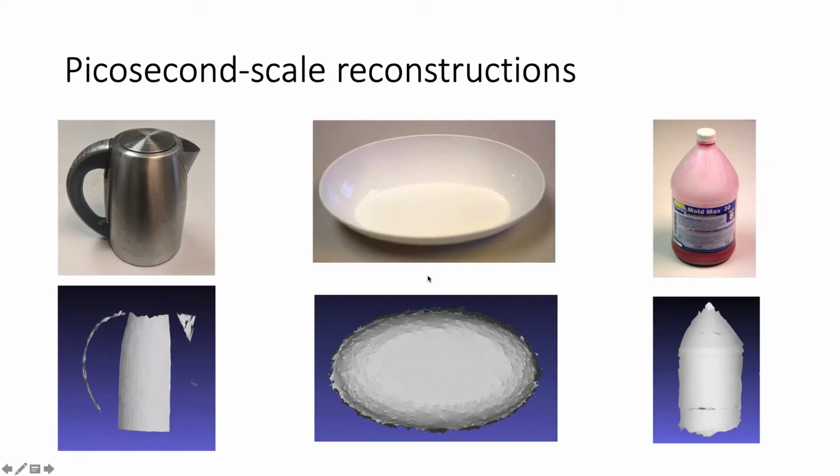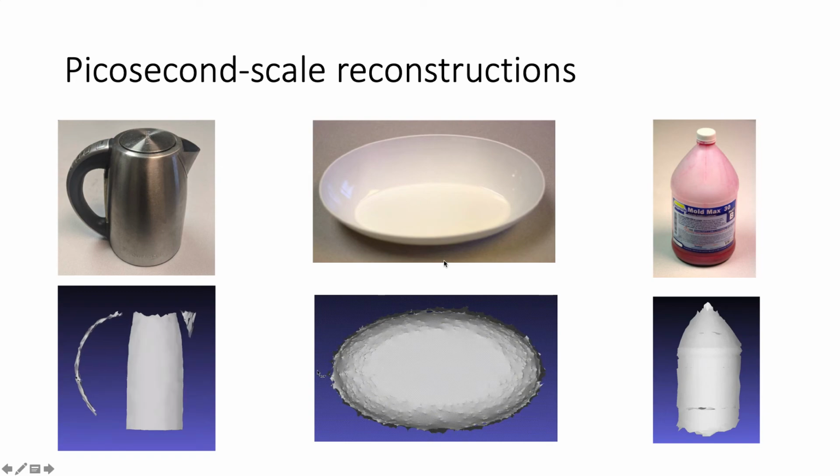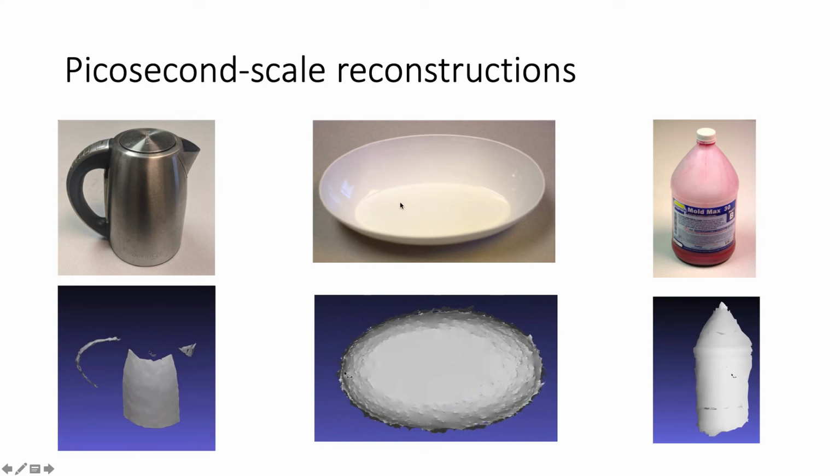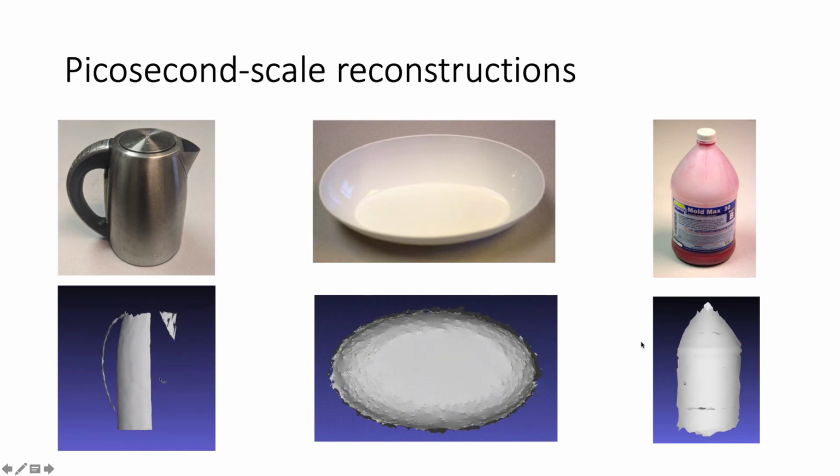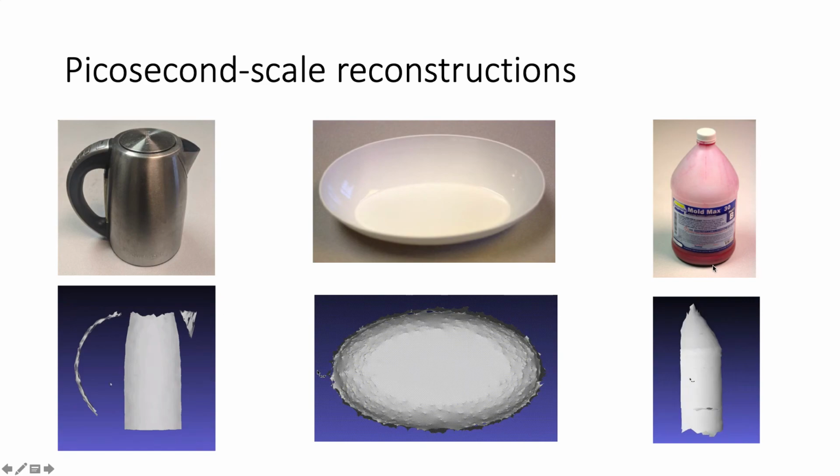We scanned a variety of everyday objects with convex and concave geometry and different BRDFs, including rough specular objects, kettle on the left, glossy objects, bowl in the middle, and translucent objects, plastic jug on the right, and so on.